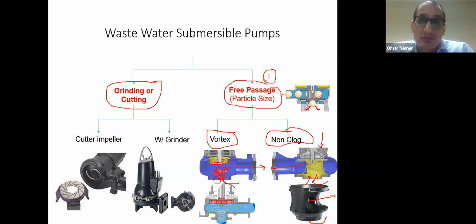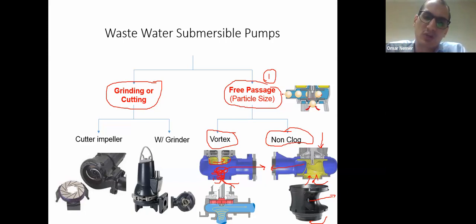Why? Because you have a very clear, big passage, and you are depending on the vortex in pumping. So the possibility for clogging to happen is almost none, there is no risk. Non-clog, there is some possibility, but non-clog has higher efficiency than the vortex.